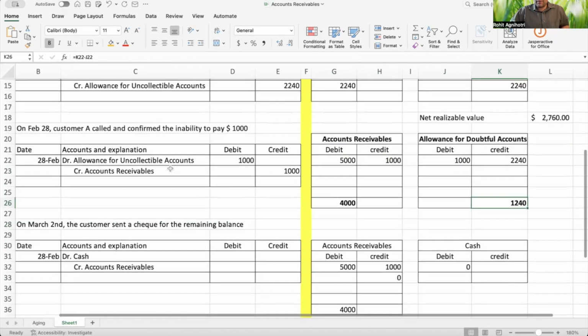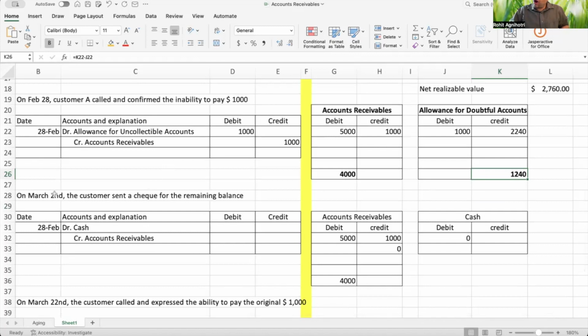Now this customer sent a check on March 2nd for the remaining balance. So you received a check, which you can also treat as cash, because the minute you deposit it in the bank, within a day or two, you get that money. So your cash account went up. How much? $4,000, 5,000 minus 1,000.